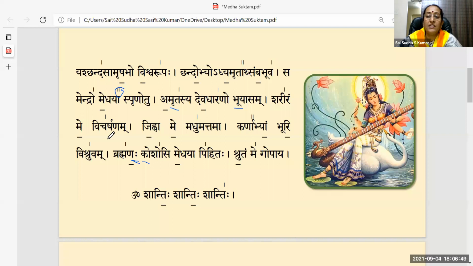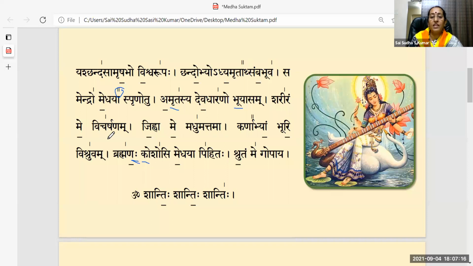Ordinary intelligence is just to absorb something, but this is not that. Medha is buddhi, not just intelligence. So we have to keep in mind that because of the relationship of the intellect with the inner self, it has divine attributes.